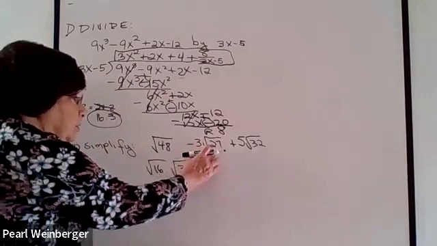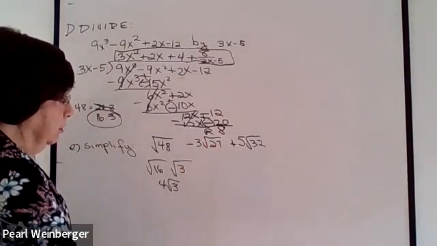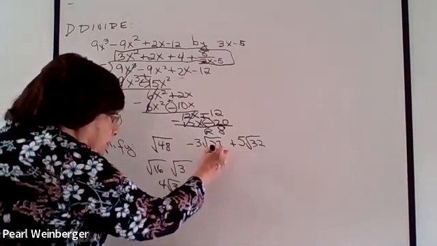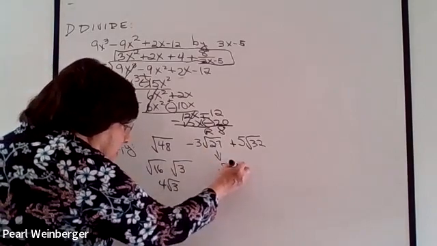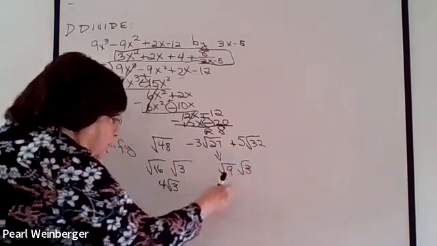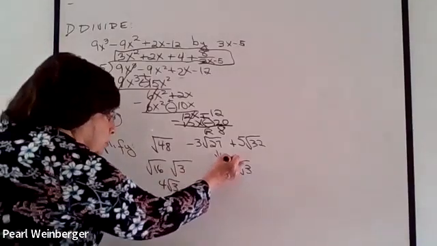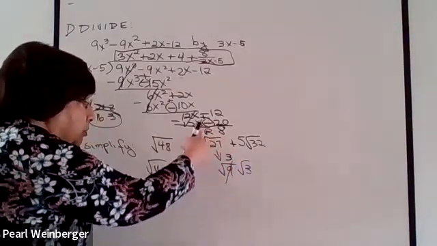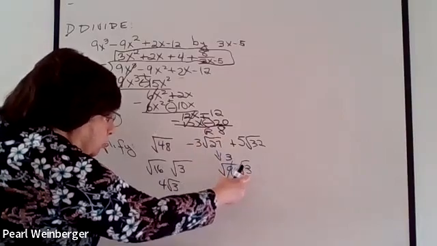Well, now let's go to this next number. It's minus 3 radical 27. Looking at radical 27, let's just deal with that first. I know I can break that up into 9 and 3 because 9 is a perfect square, and we know that the square root of 9 is just 3. In other words, the square root of 27 is 3 times the square root of 3.